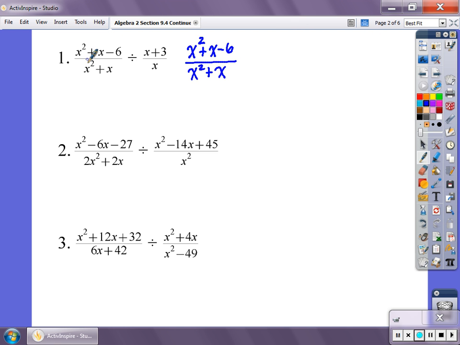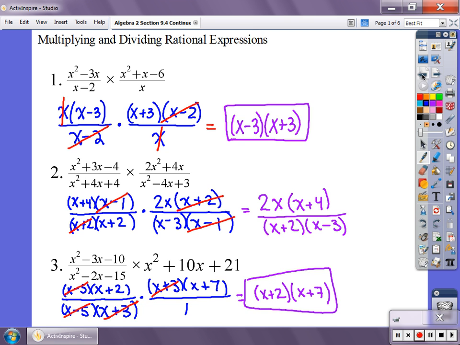That stays the same. This changes to multiply. And then this, you do the reciprocal, x over x plus 3. So we've changed it into a multiply problem, and now it's just like everything we did on this page here.